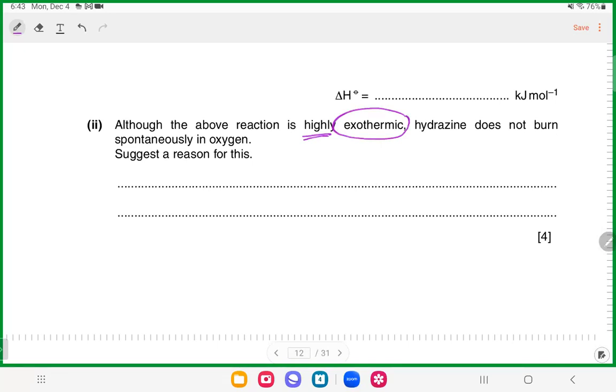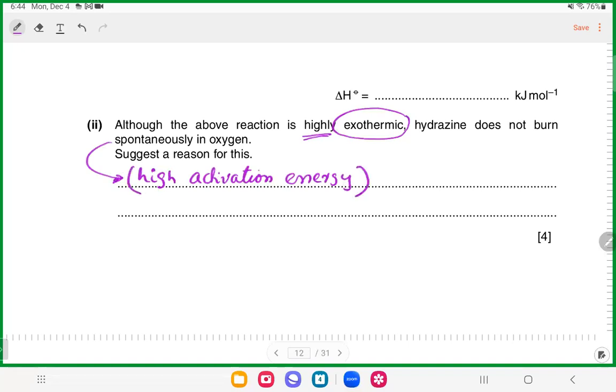Okay? So for this particular reaction, it says that although the reaction is highly exothermic, that reaction does not burn spontaneously. There is only one reason for this: if you have any reaction which is not spontaneous, it means it has a high activation energy. Okay? It always has a high activation energy.